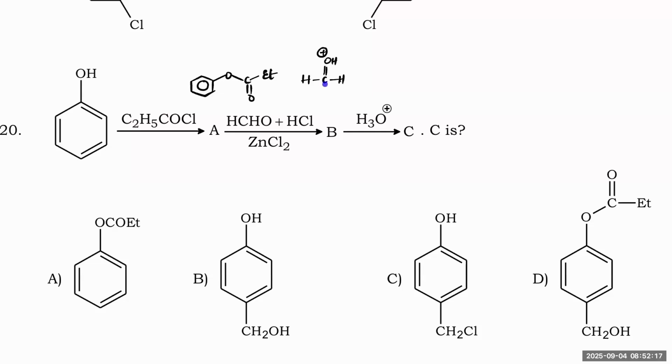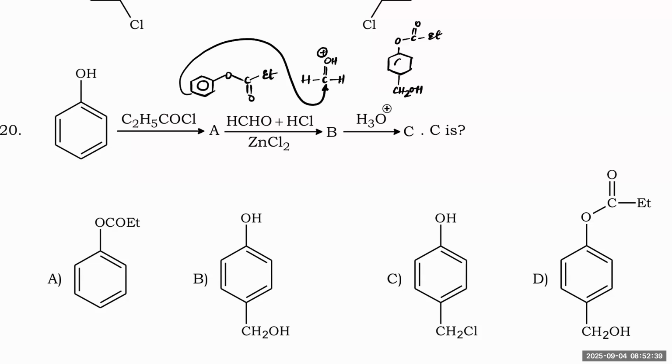So now this is a donating group, right? Oxygen will still be activating the benzene. So from the para position, it will attack on the carbon, and due to which we will get this as O C double bond OEt, and then this will be CH2OH.